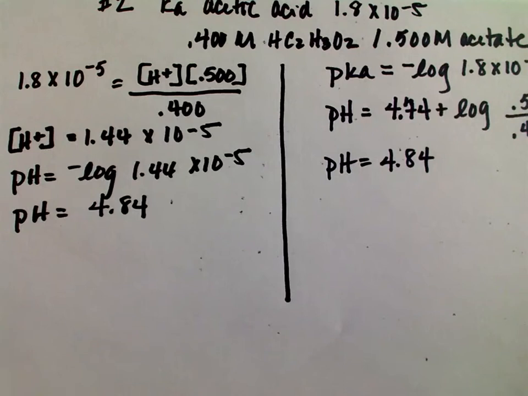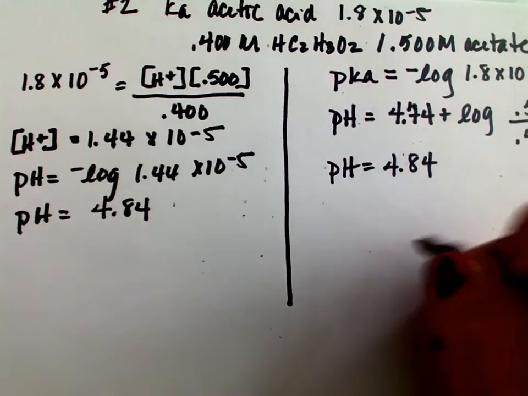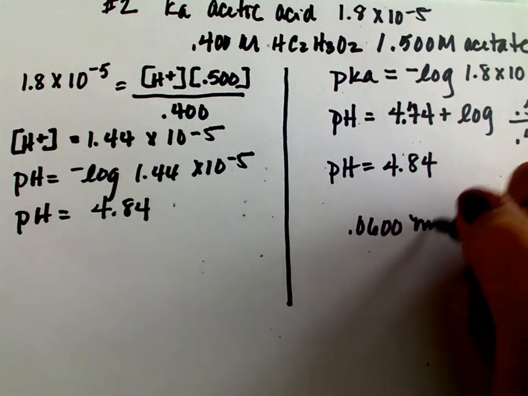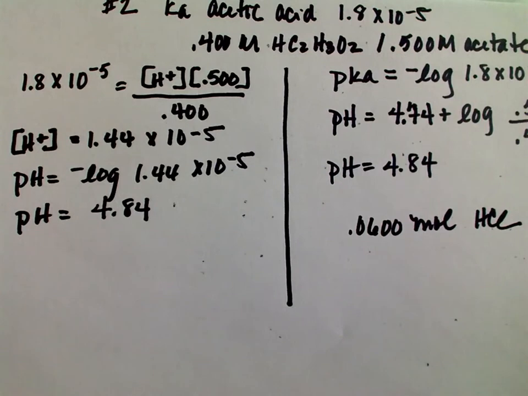If we're adding HCl, what's going to neutralize it? Acetate. So that means we're going to create more acid. And I would expect to see that pH go down just a little bit. So in this case, we are going to add 0.0600 moles of HCl. Okay. This is still 1 liter of buffer solution.